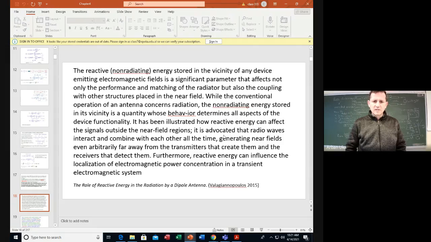So apparently there is an effect. It is advocated that the radio waves interact and combine with each other all the time, generating near fields even arbitrarily far away from the transmitters that create them and the receivers that detect them. Furthermore, reactive energy can influence the localization of the electromagnetic power concentration in a transient electromagnetic system.